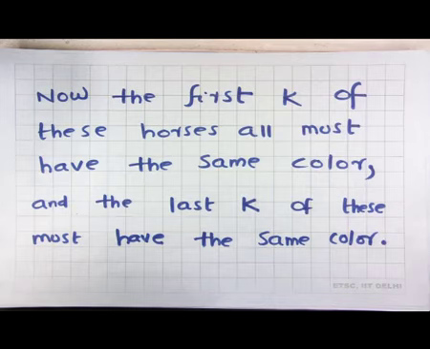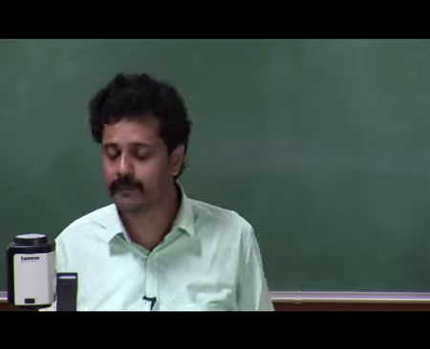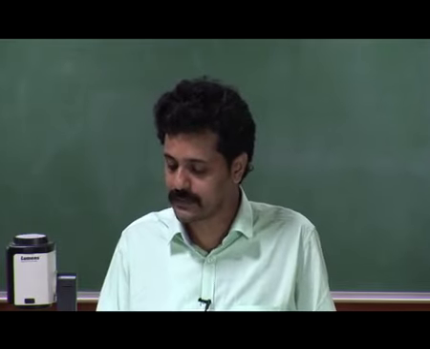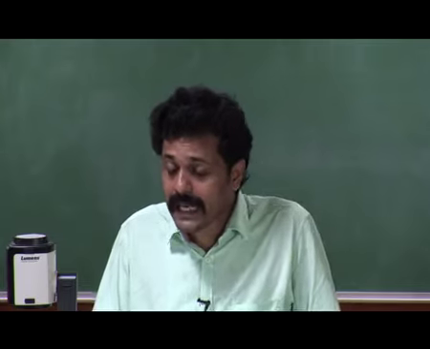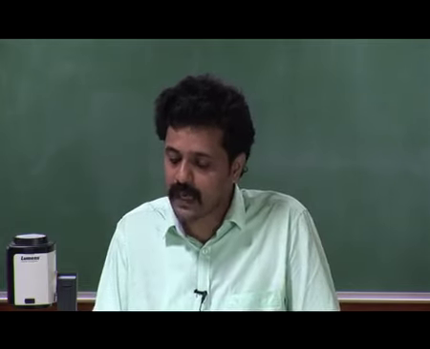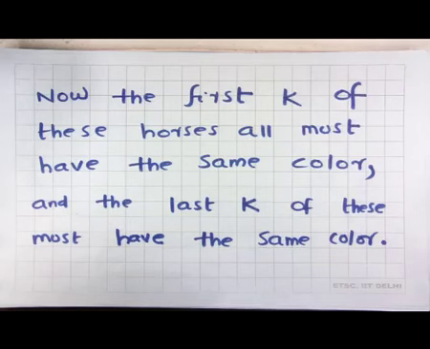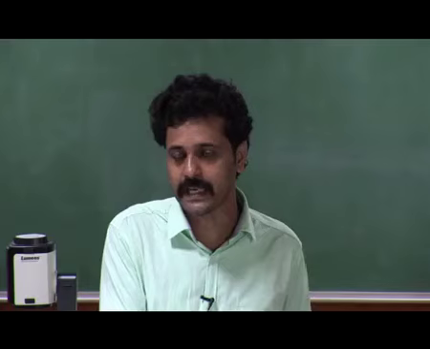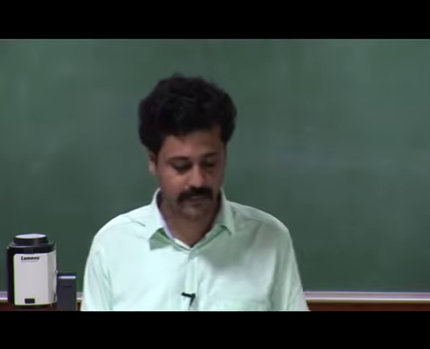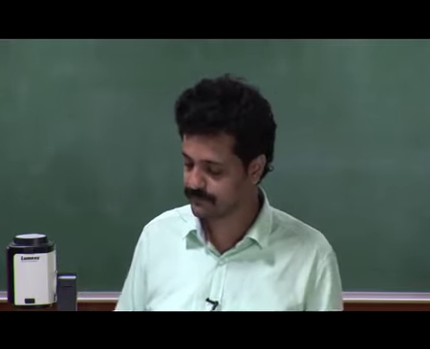Now, you take the last k of the horses, say 2, 3, etc., up to k plus 1, that set of horses. By assumption, any set of k horses are of the same color, and hence the last k of the horses must have the same color. So, the first set of k horses have the same color, and the last set of k horses have the same color.